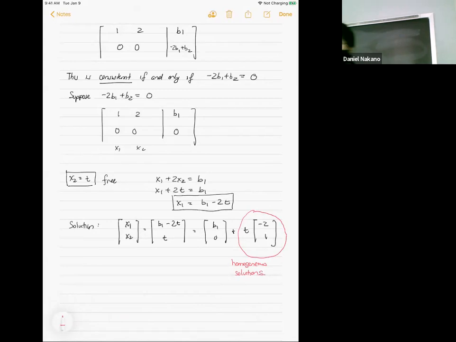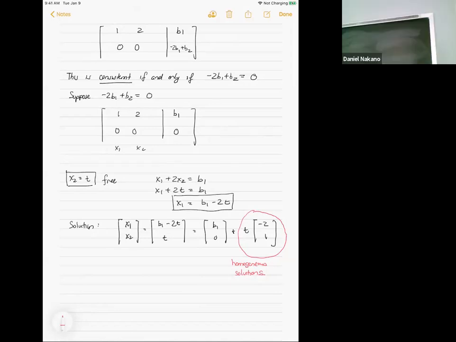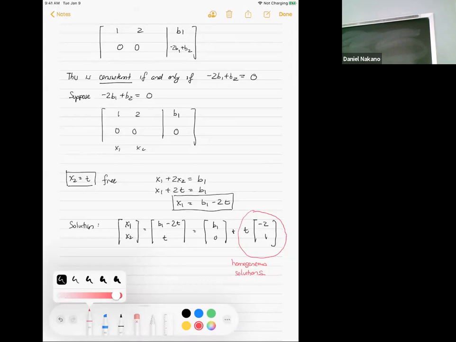Okay, so the non-homogeneous system of equations involves the homogeneous solutions. And then this particular B is actually a particular solution. So let's change colors. Do you like green? Let's try green.